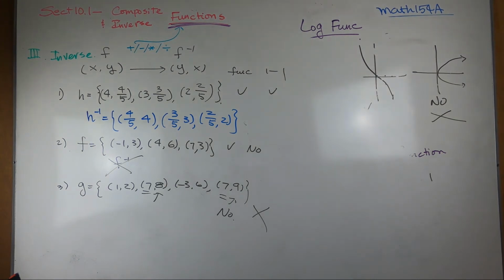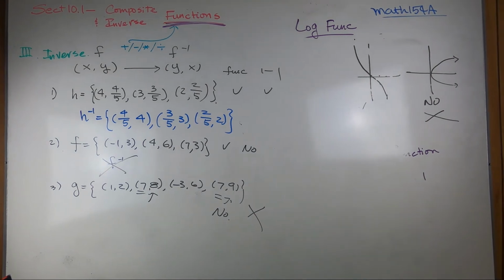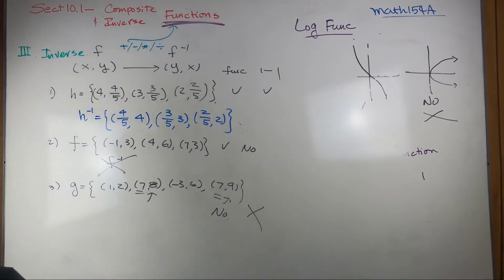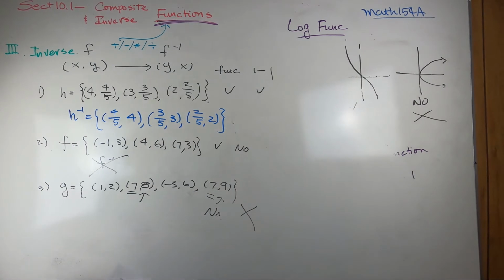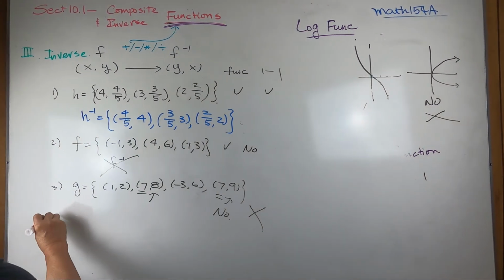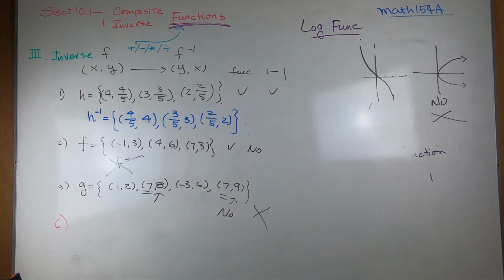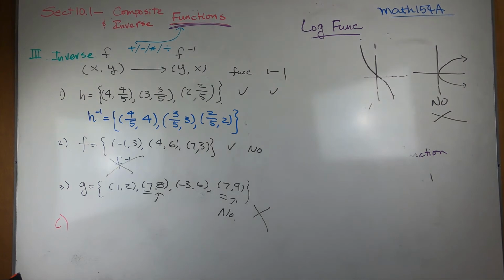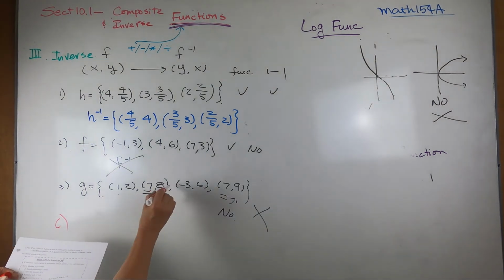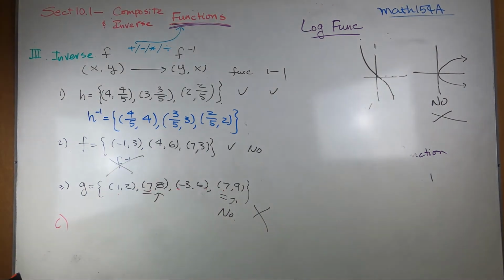All right. So let's look at page 28. Here says the fact. Okay? If a one-to-one function is given, all right, as a list of ordered pairs, how do we find its inverse?